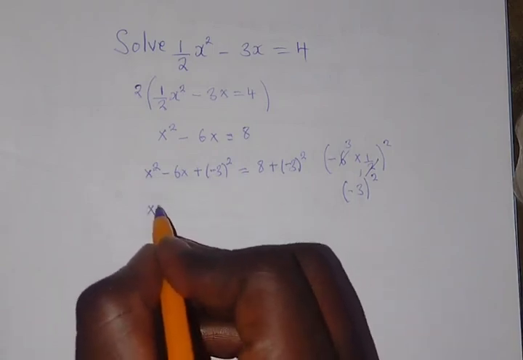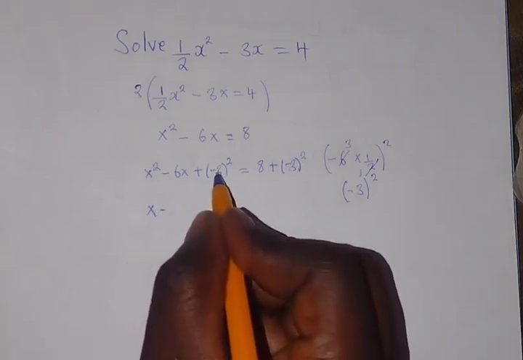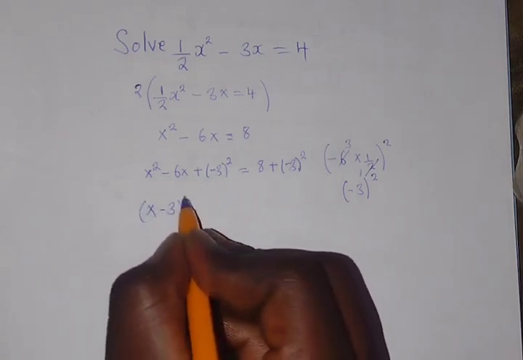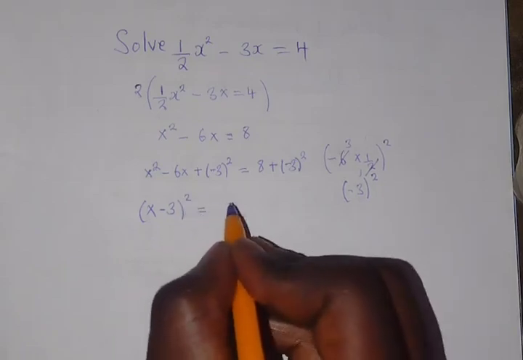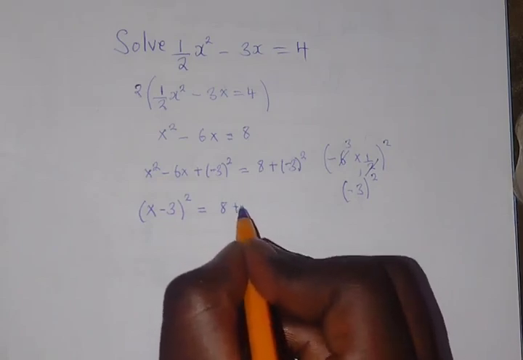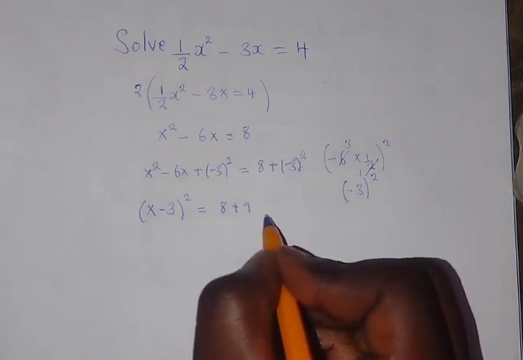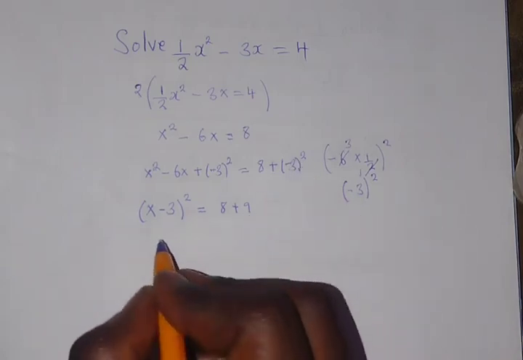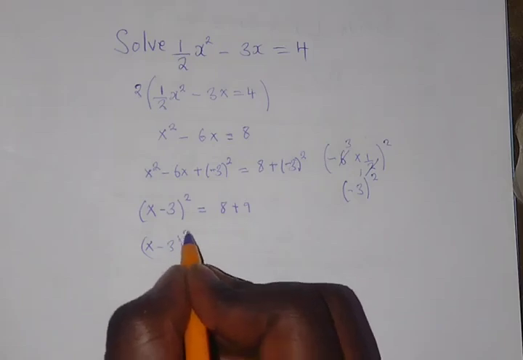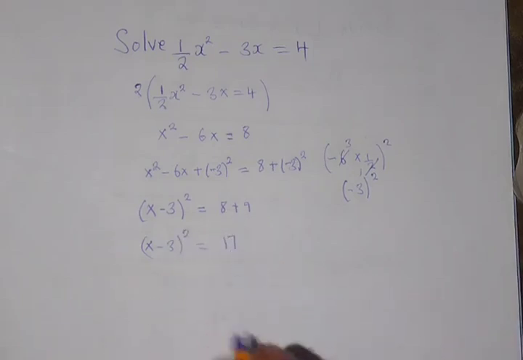So we are going to write x minus, now get this value with its sign, which is a -3 inside here, in brackets squared is equal to, so here we are going to have 8 plus 9, because -3 squared, it's -3 times -3, which will give us a 9. So from here, we are going to write x minus 3 in brackets squared is equal to 8 plus 9. This will give us a 17.